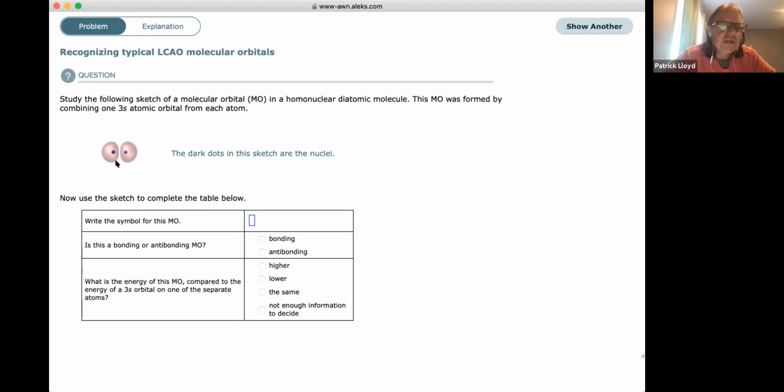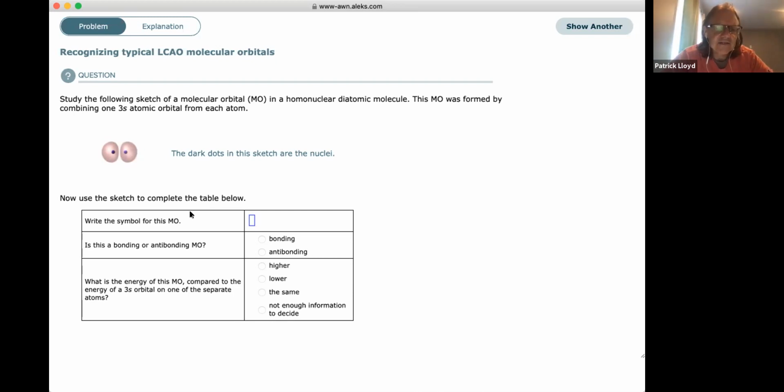If you see a little region in between the nuclei that's empty, right there, that's called a nodal plane. We talked about that with hybridization. If you see the nodal plane, that means it's an antibonding orbital, okay? And if you don't see the nodal plane, then it's a bonding orbital. So there's your nodal plane. It's an antibonding orbital. That means it's higher in energy than the atomic orbitals.